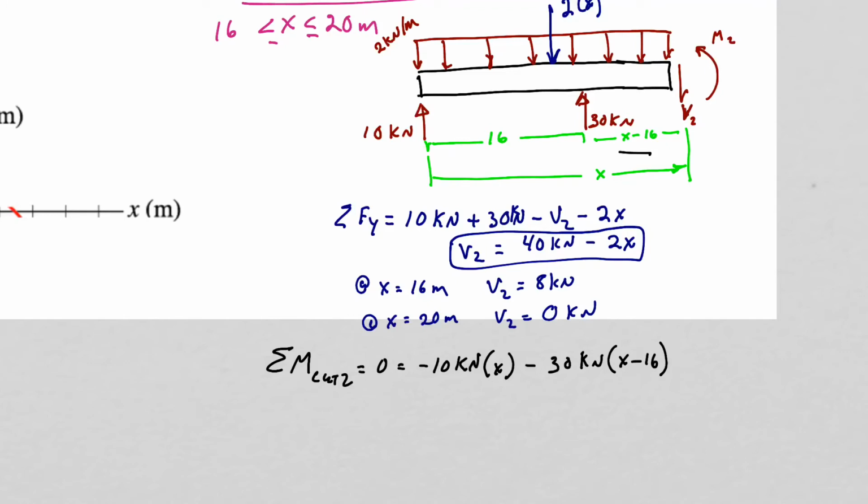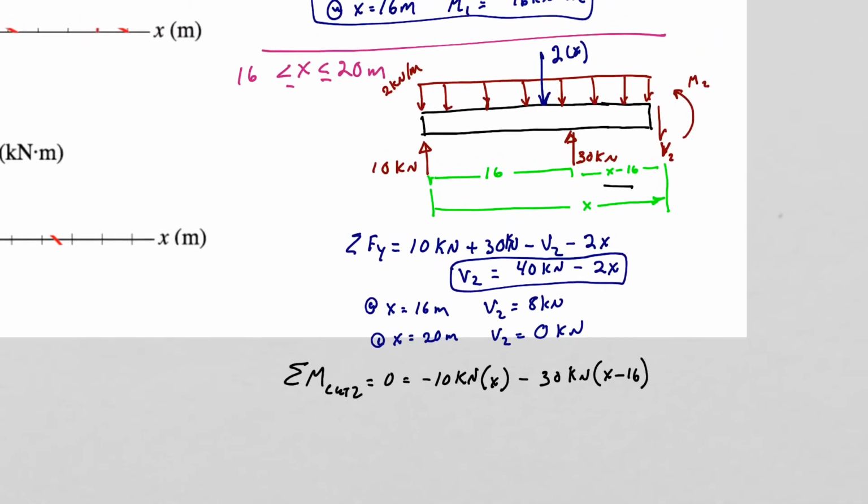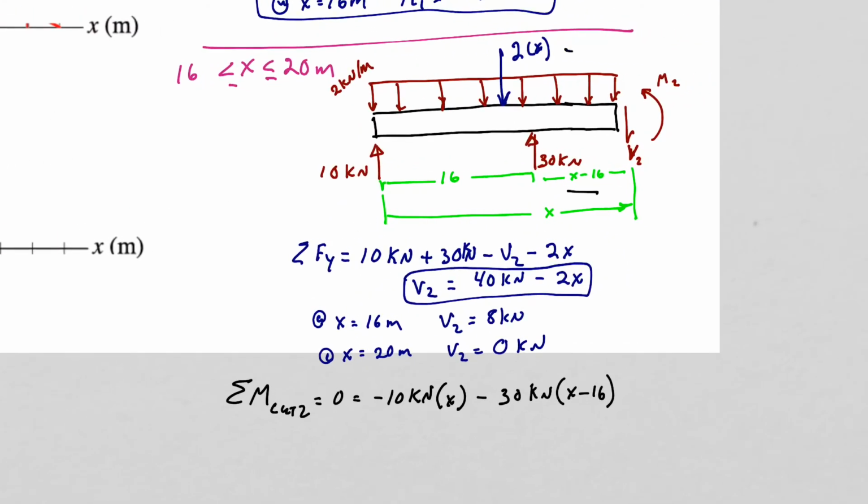And then the last part we have is this force again, this force F2 of the distributed force. That's going to cause a positive moment. 2x is the force. And the moment arm is, again, this distance here, right? It's this distance from here to here, which is at the centroid.